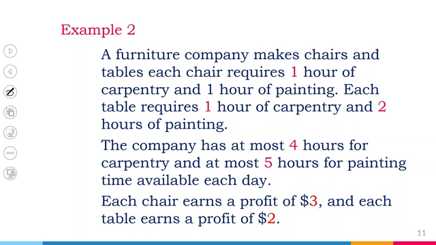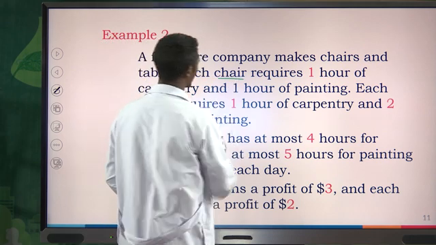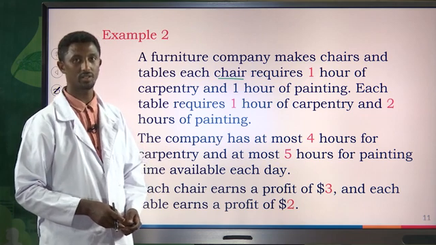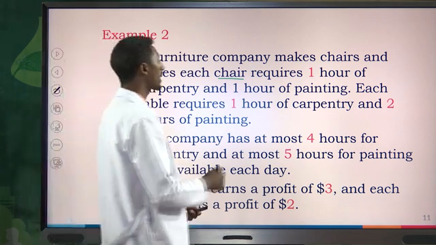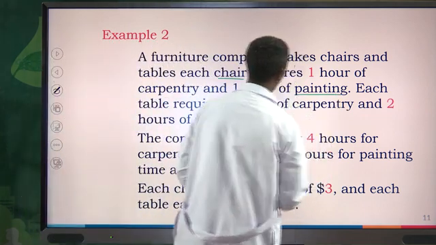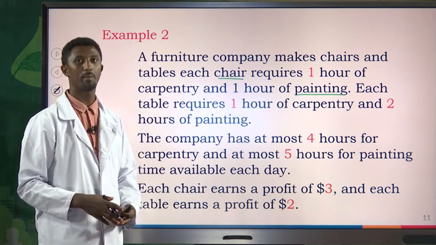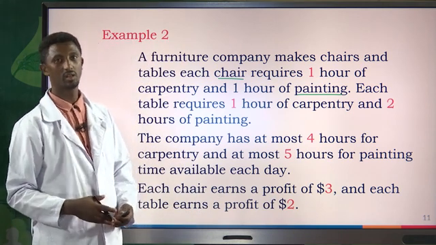Then another example, example 2. This is a word problem, so we can apply linear programming to solve so many daily life problems. A furniture company makes chairs and tables.